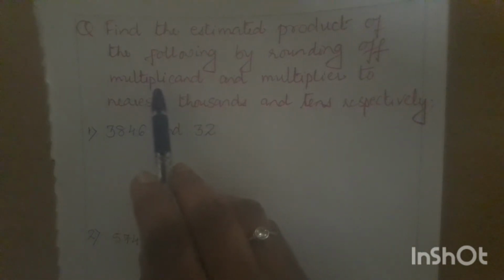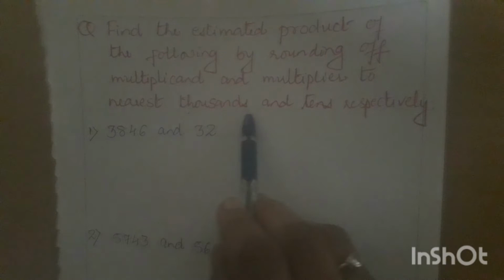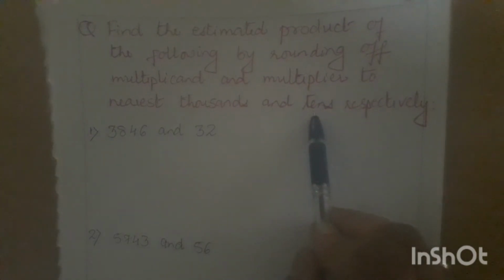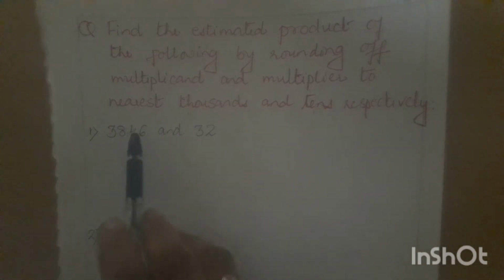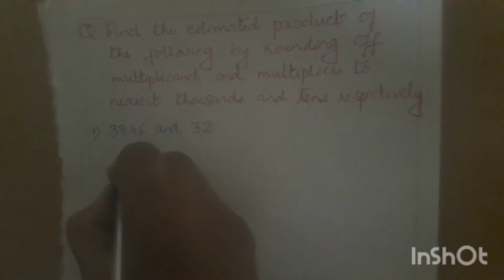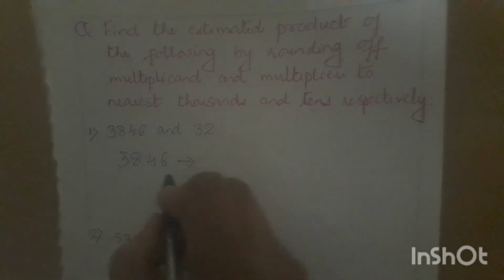That means the multiplicand is to be rounded off to the nearest thousands, whereas the multiplier is to be rounded off to the nearest tens. Here this will be the multiplicand and this is the multiplier, as you know. Now the number given is 3846 and the second number is 32.